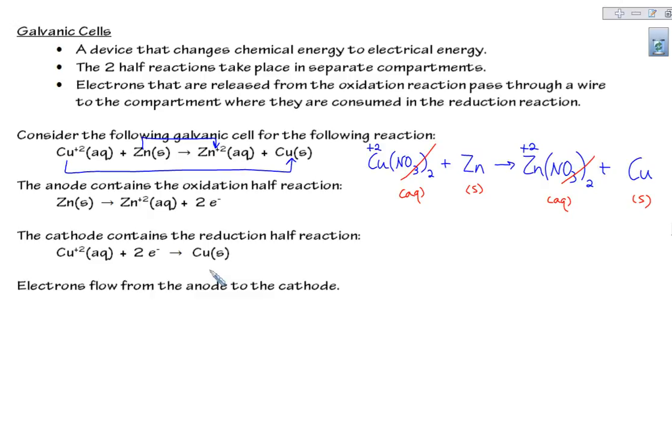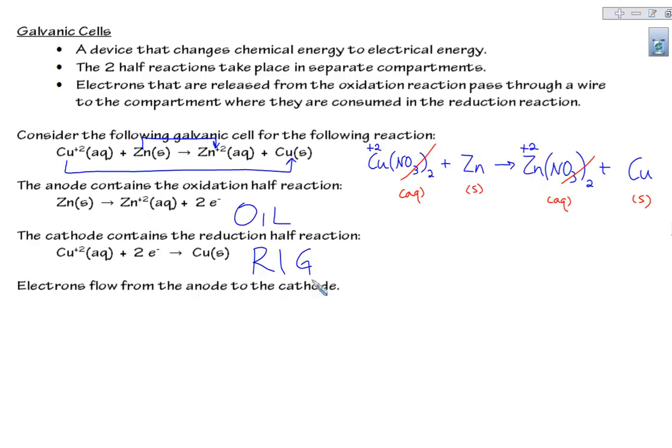Well, this is just perfect. OIL RIG. Oxidation involves losing, so we'd say the zinc is the oxidation half. Or you can look at the charge on the zinc. If you're losing electrons, the charge becomes more positive because I'm not changing the number of protons.